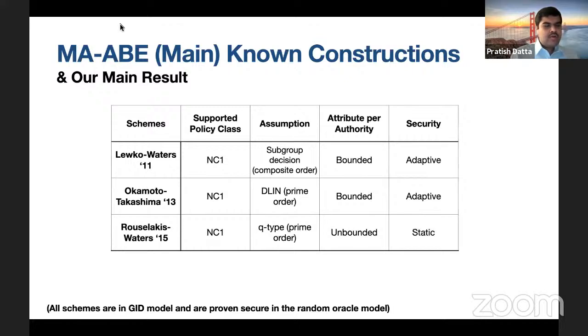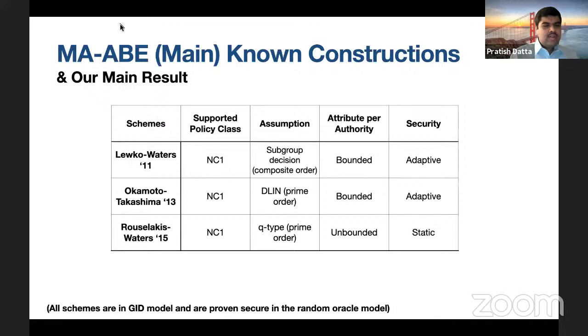And we also have the work of Rouselakis and Waters, who presented another scheme for NC1 access policies under a novel Q-type assumption. However, the scheme has weaker security, which is static security. But the advantage over the last two schemes is that their scheme allows an arbitrary number of attributes per authority.